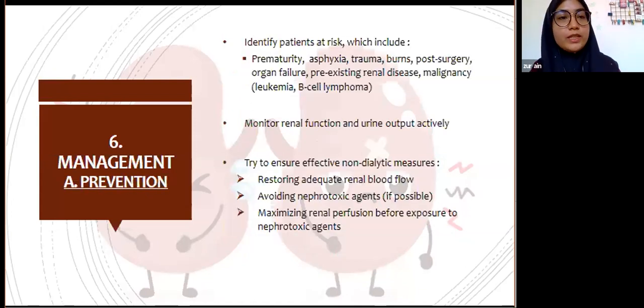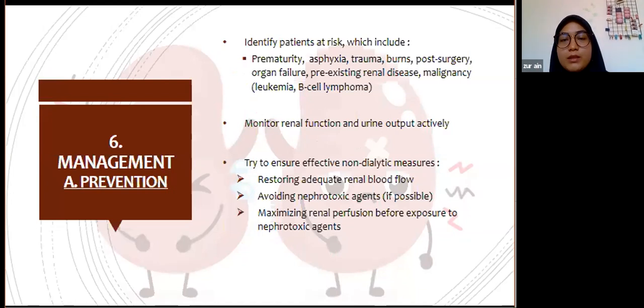Okay, so for next management, number one is prevention. It's important to identify the patient at risk of AKI, which includes patients such as premature babies, asphyxia, trauma, burns, post-surgery, any other organ failure, pre-existing renal disease, or any malignancy.